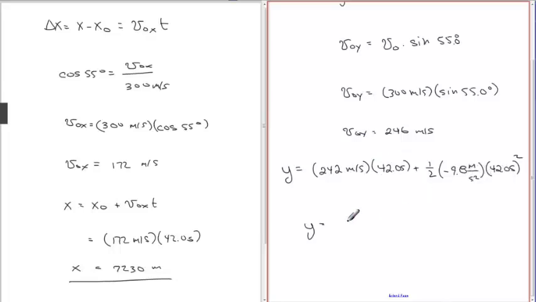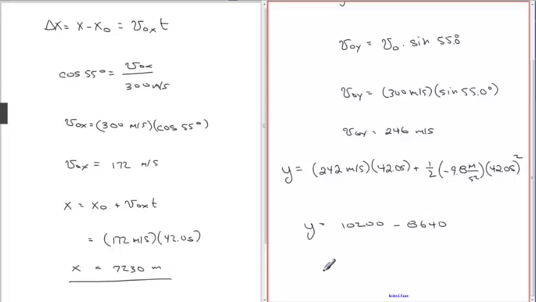So we have 242 times 42, 10,164, well, 10,100, 10,200. And then we have minus 0.5 times negative 9.8 times 42 squared, which is negative 8,640.